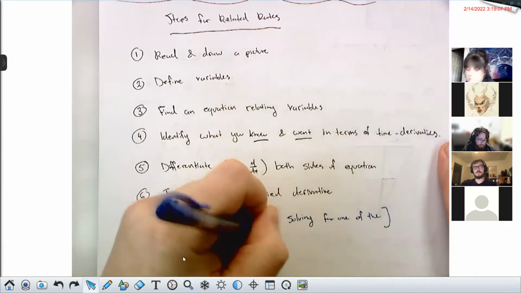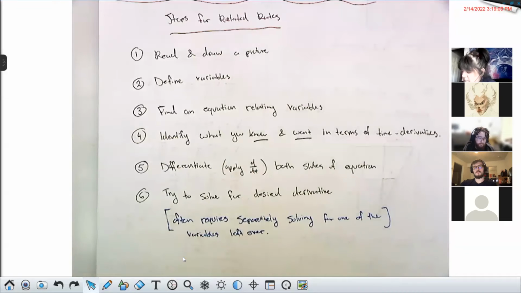Like we had to solve for r in that first problem, we had to solve for y in that second problem, and then in our most recent problem, we had to use the similar triangles thing to get r in terms of h.